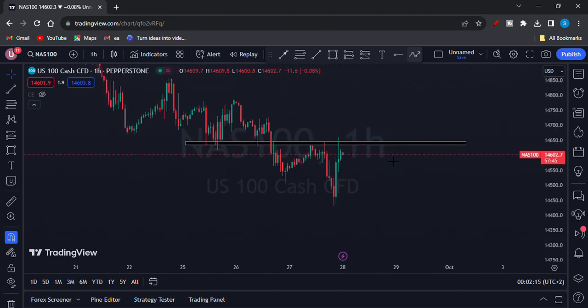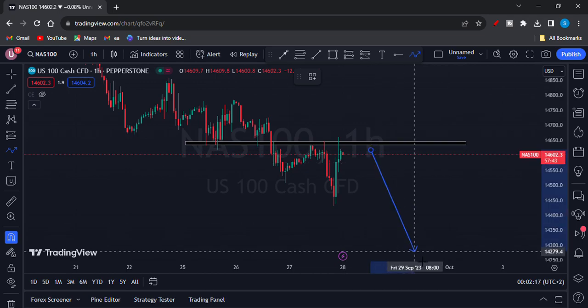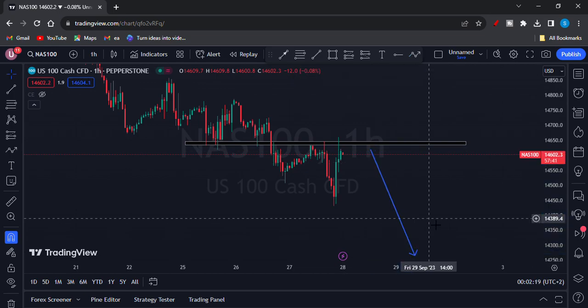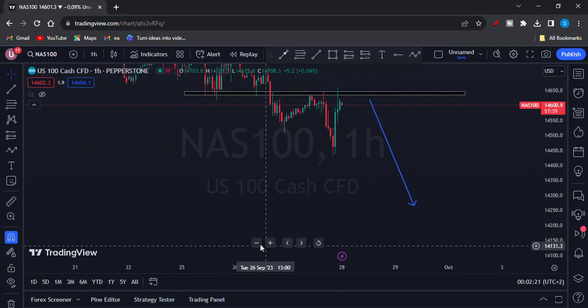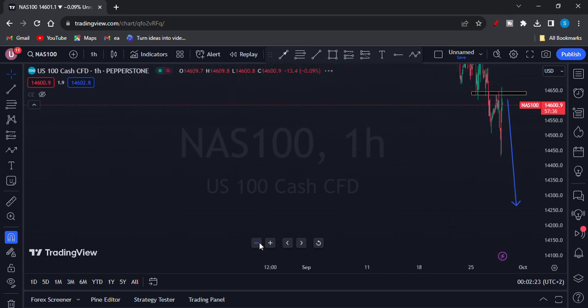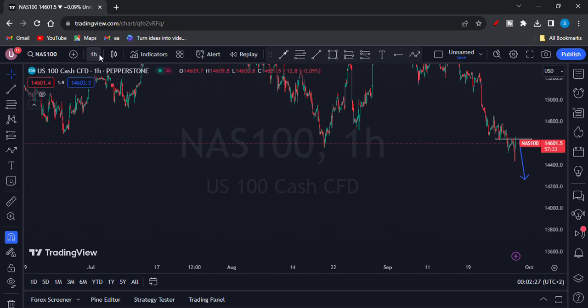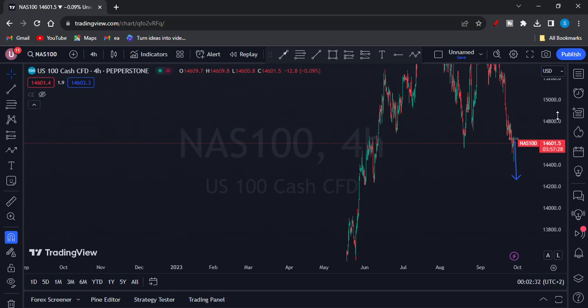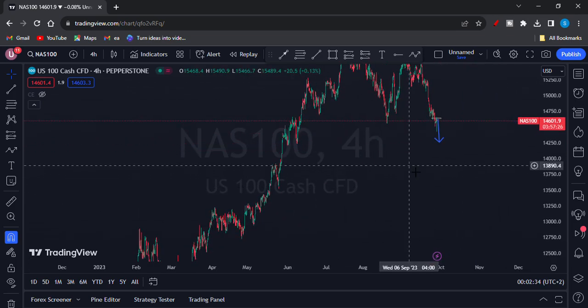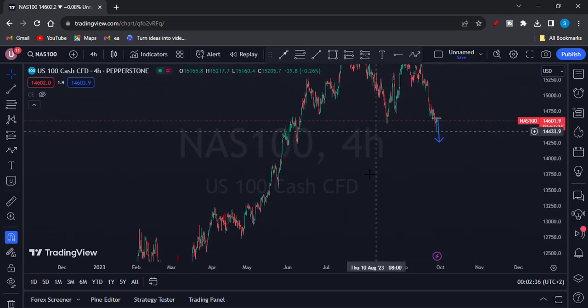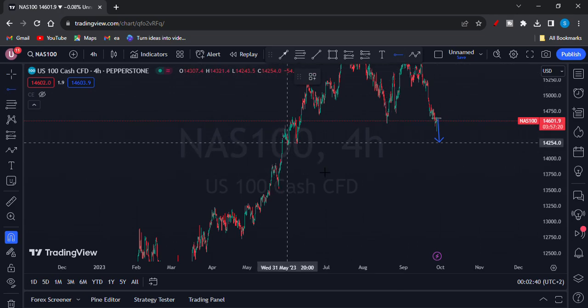So there's a possibility that the market can go to the downside, potentially up to, let's go to our 4-hour, potentially up to there.